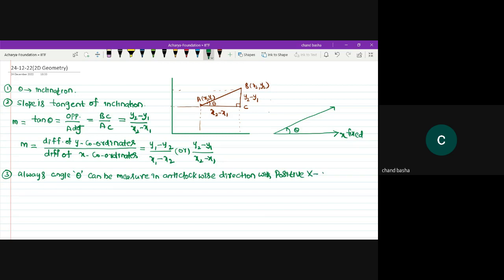So we always take the horizontal line as the base for us. Horizontal line. This is one important point to be noted.